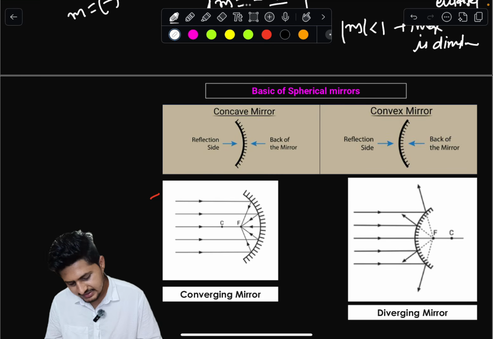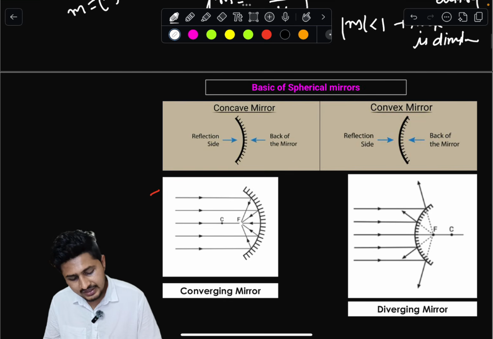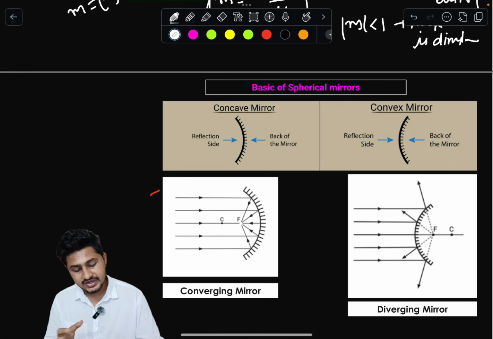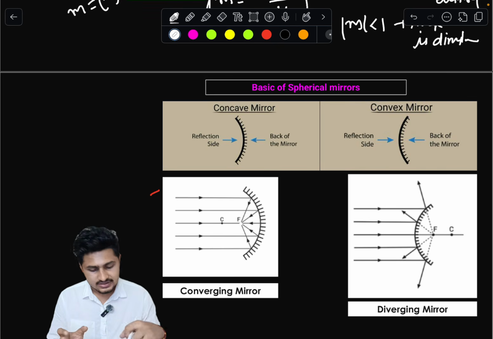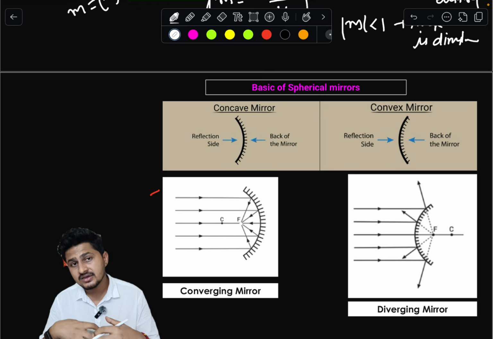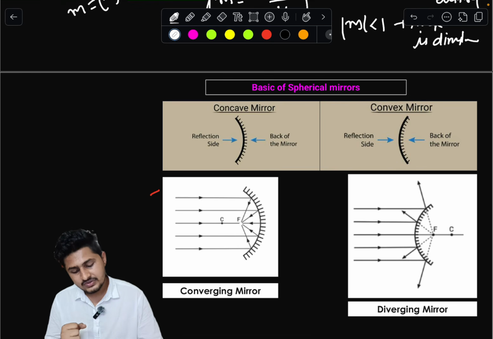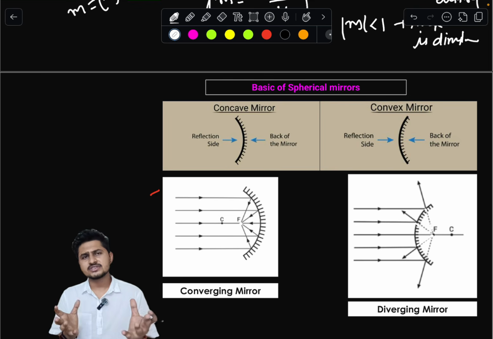Here they are converging at the focus. In the diagram for convex, the rays of light diverge, but if we extend the reflected rays, we will see that they are coming from the focus. So diverge means convex and converge means concave.